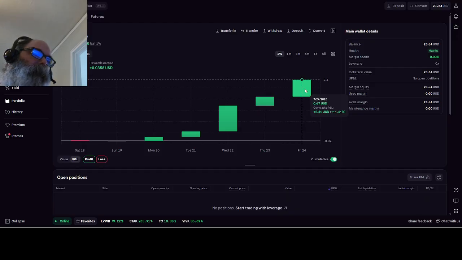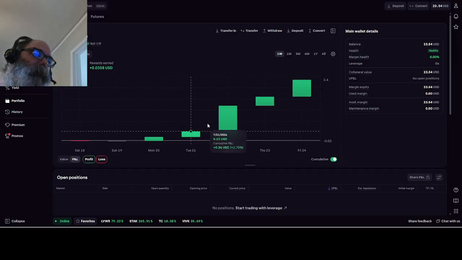And over time, you'll see that even though these are small amounts, on $23.54, it brings me up 11.41% for the entire week. And that's actually a pretty big deal. Now, I'm going to be fully transparent.